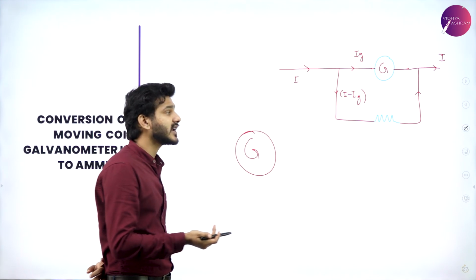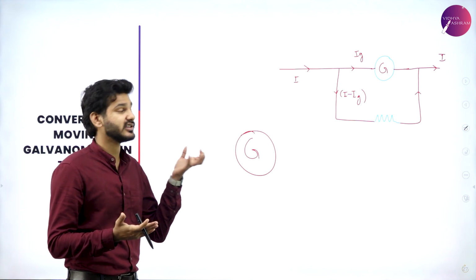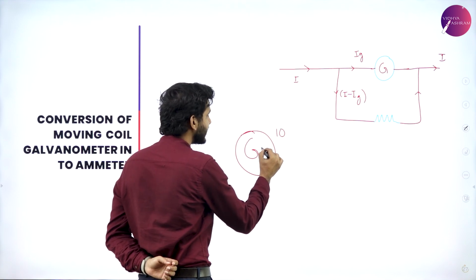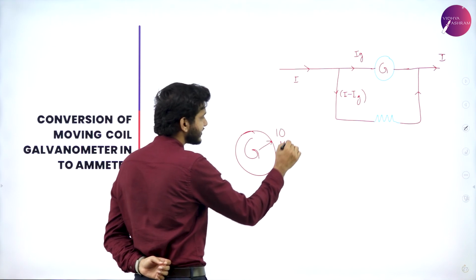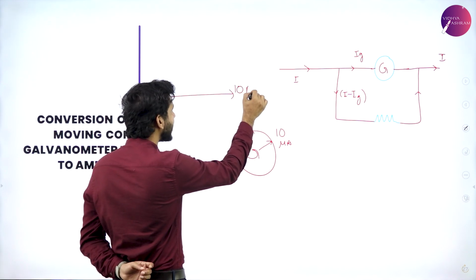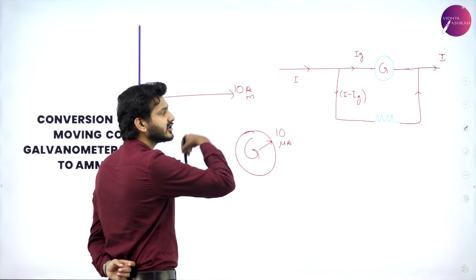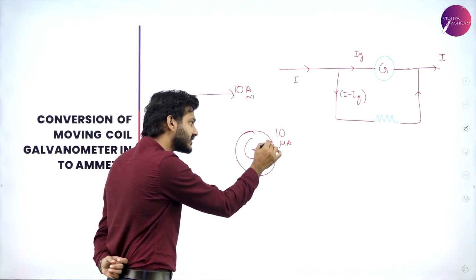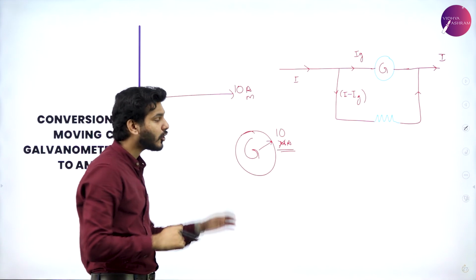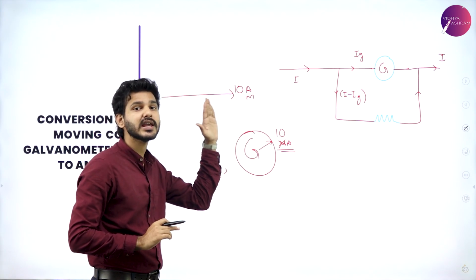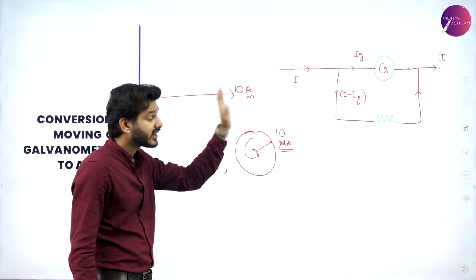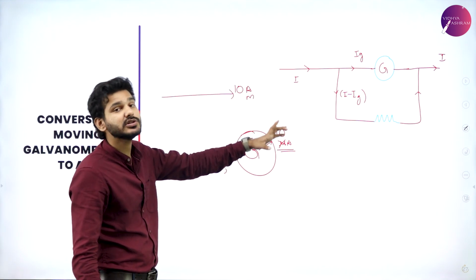What I'm trying to do is measure huge amounts of current using this galvanometer, which means if the galvanometer reads 10 microamperes, then if 10 amperes or 10 milliamperes of current is passing through, I have to make sure that the galvanometer still reads 10, the needle points towards 10. That is the only thing I have to make sure. So even if a higher amount of current is passing through, the needle should point towards the magnitude of that.